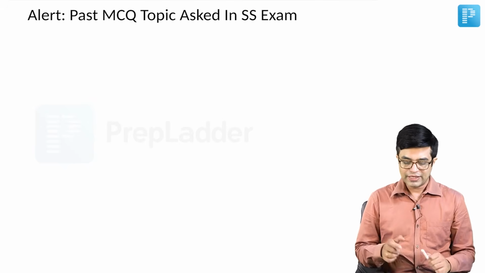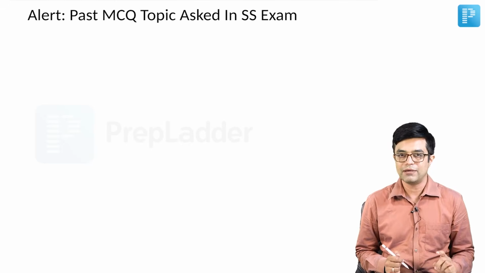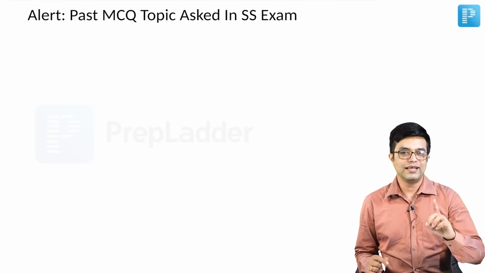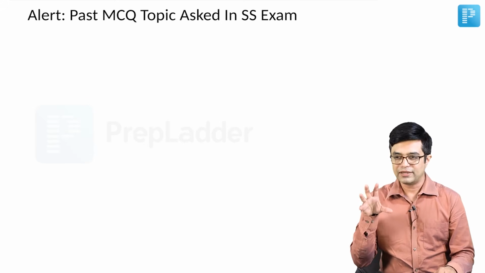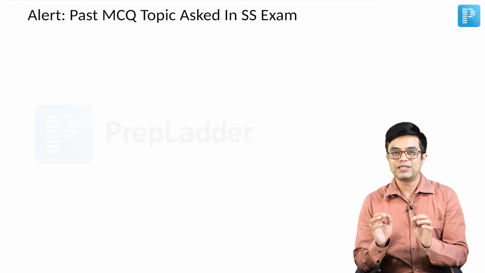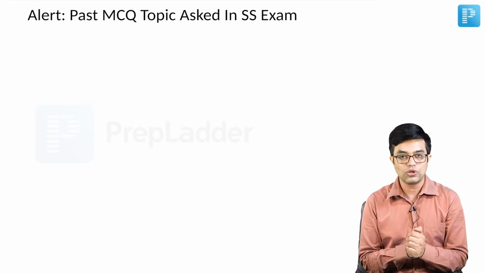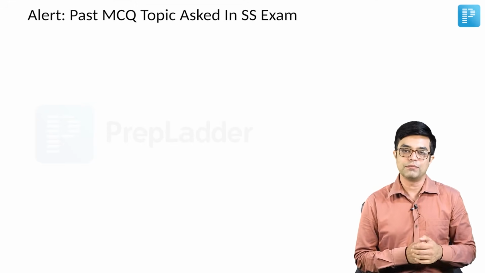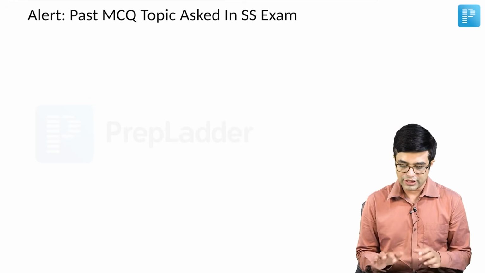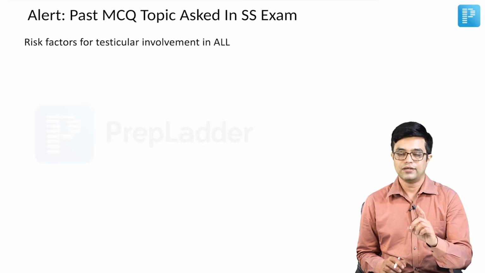Before we go further, there is a past MCQ topic asked in the Super Speciality Central Institute exam in PGI. The question was related to T-cell ALL and the risk of testicular involvement. Remember that testicular involvement indicates an extramedullary involvement, and so it will be more common in T-cell ALL compared to pre-B cell and the mature B cell variety. So obviously the question arises, what are the risk factors for testicular involvement in ALL?